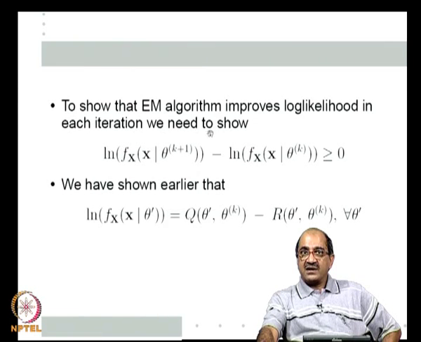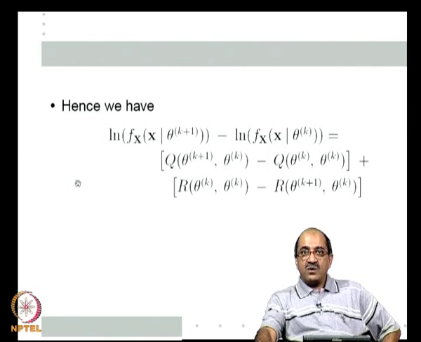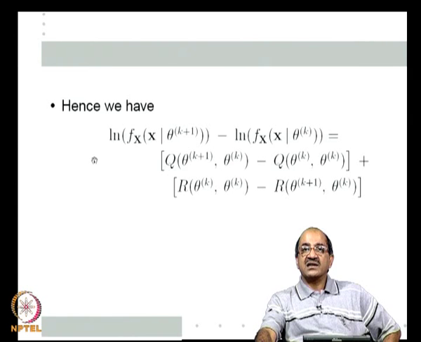So, if I take this difference, I will get the difference in likelihoods as these two terms. The first term is q theta k plus 1 theta k minus q theta k theta k. The second term, these two will reverse, because in the expression for log likelihood, it is q minus r. Right. So, this becomes r theta k theta k minus r theta k plus 1 theta k. Now, we can show that both these terms are greater than or equal to 0, and hence this is greater than or equal to 0.